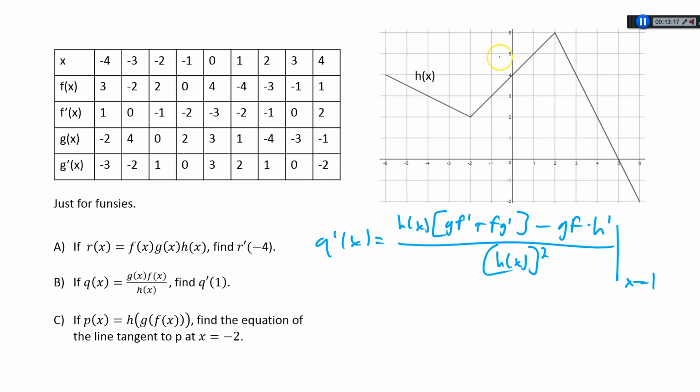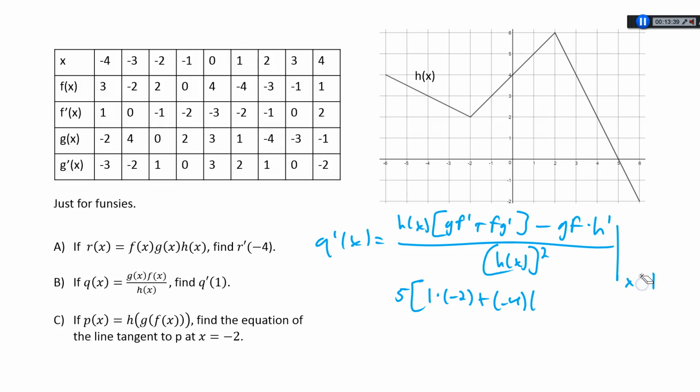So h of 1 is 5, g of 1 is 1, f prime of 1 is -2, f of 1 is -4, g prime of, are we doing 1 or -1? 1.